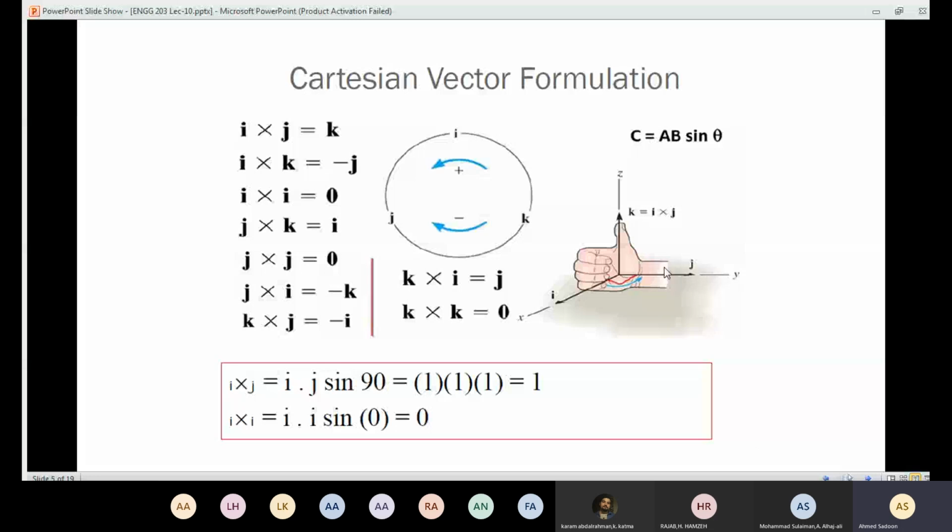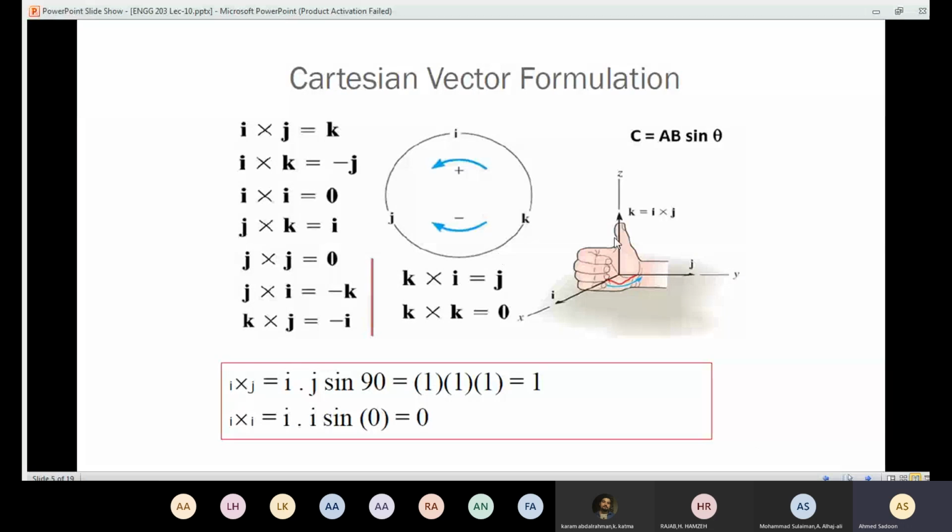I'm going to put my right hand so that the fingers will curl from J towards K. If you try that, you are going to find out that the thumb is directed in the I direction. So J cross K will yield I.